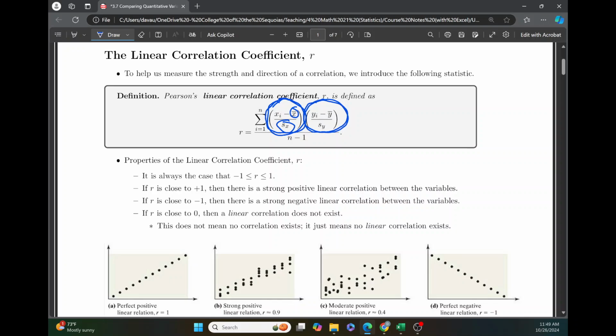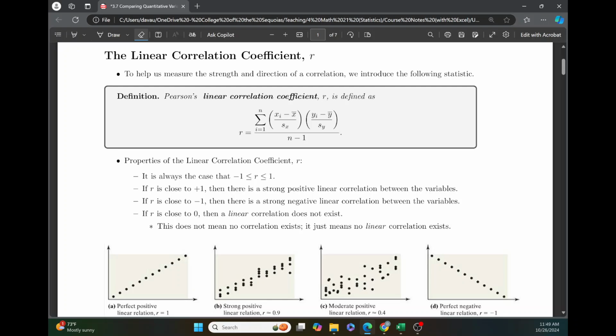Doing all this by hand would take a lot of work. Once we have the standard deviation and the mean, we would have to compute the z-score for each observation in the data set, multiply the z-scores for our x coordinates and our y coordinates together, and then add them all up. It would just take a very long time to do by hand. So of course we're not going to do it by hand. We'll let technology do this for us.